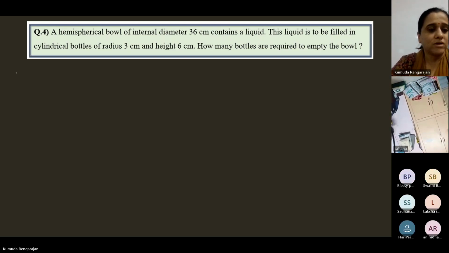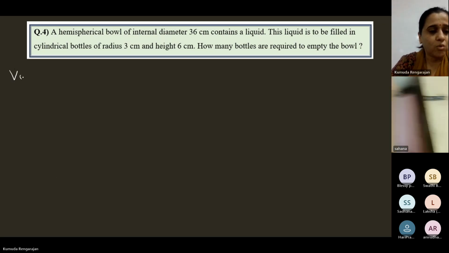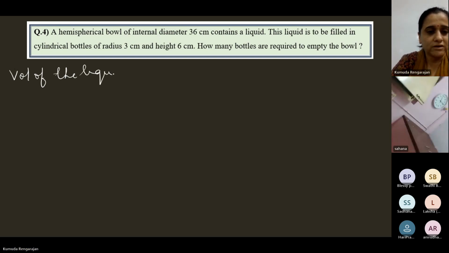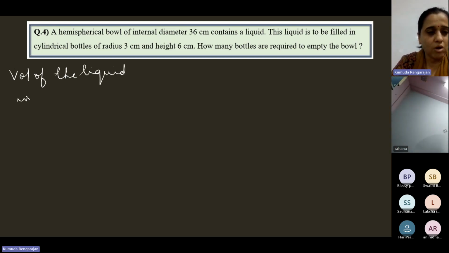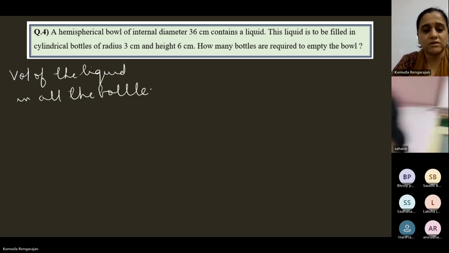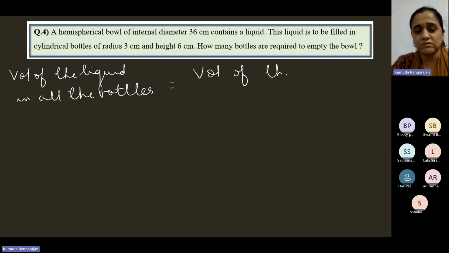The equation in words is: volume of the liquid in all the bottles is equal to volume of the liquid in the bowl.